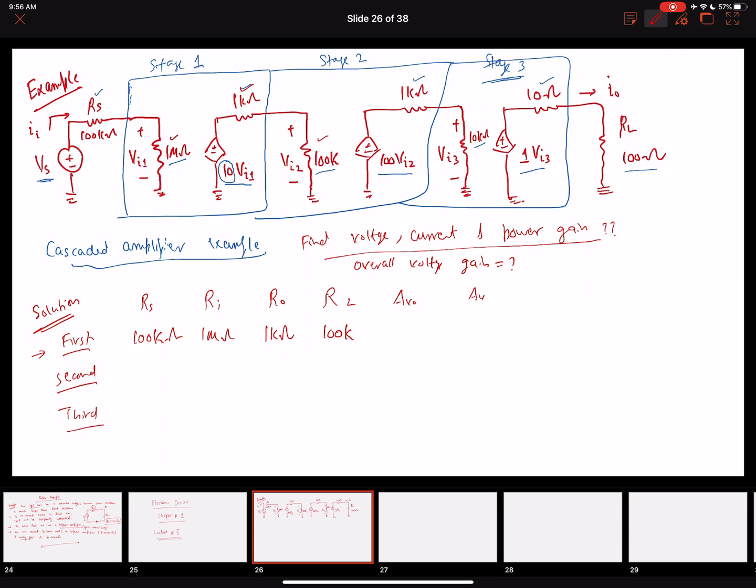All right, similarly, let's do it for the second stage. For the second stage, the source resistance is 1 kilo, the input is 100 kilo, the output is 1 kilo, the load is 10 kilo.